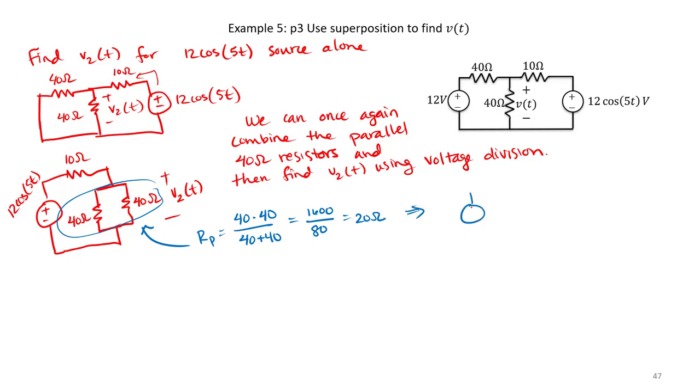So our circuit now becomes something like this, right? We now have our 10 ohm resistor, and then we have a 20 ohm resistor with voltage drop V2 across it. And remember, our voltage source is given by 12 cosine 5t. So once again, we can apply voltage division.